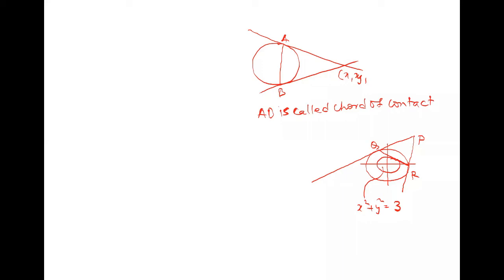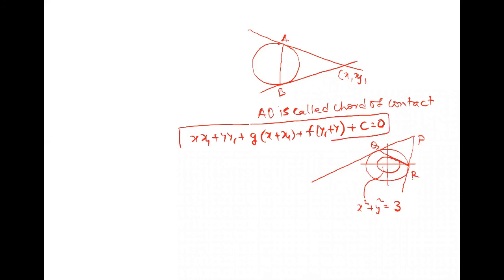What's the equation? xx1 + yy1 + g(x + x1) + f(y + y1) + c = 0. Before I started the class, I told you this. This is the equation of AB.